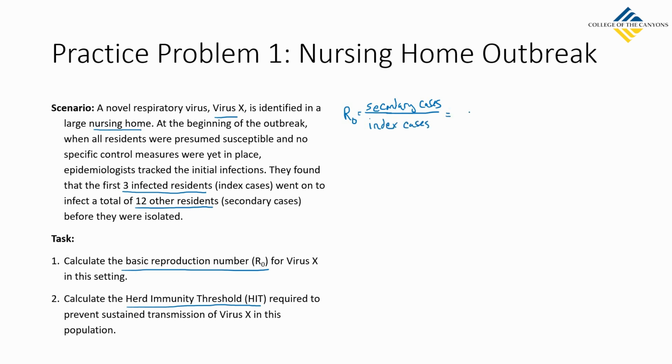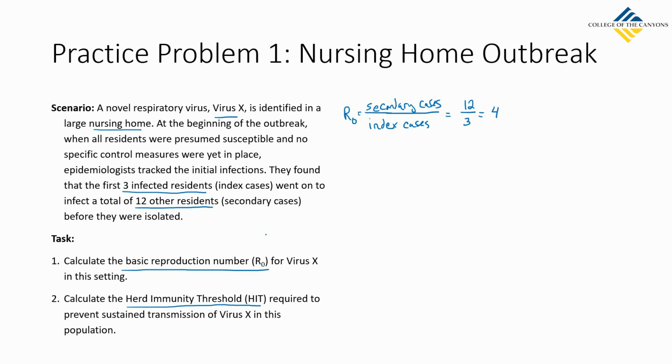The total number of secondary cases here was 12, and the index cases were 3. So 12 divided by 3 is 4. So we have an R0 value based on these data alone of 4. Okay, so we've answered question 1, what the R0 value is.